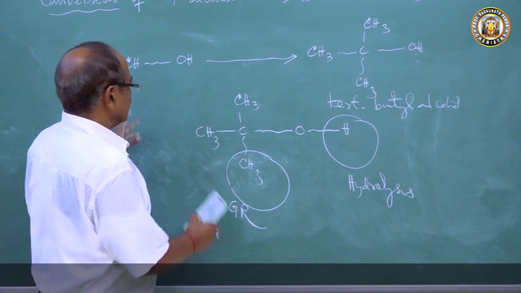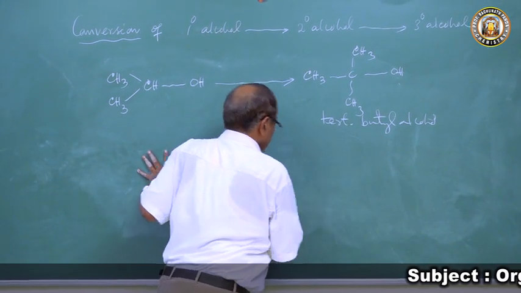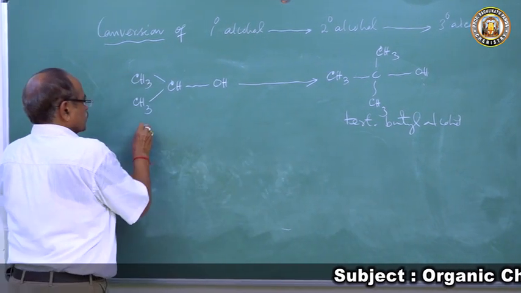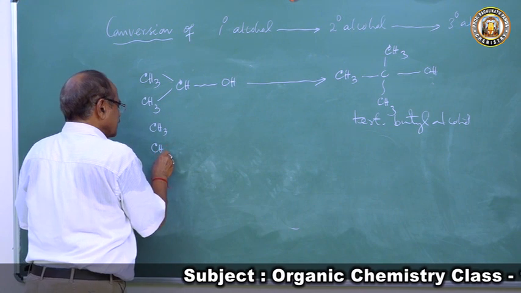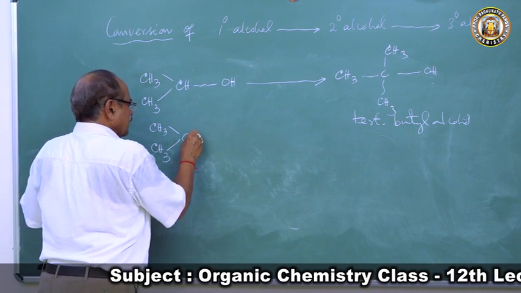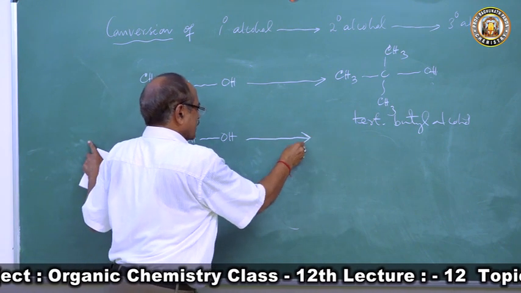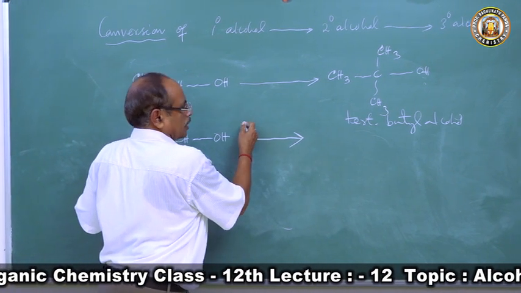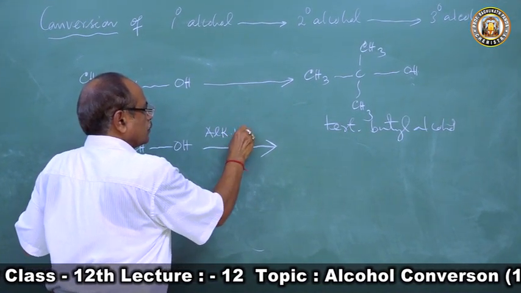So we will take the isopropyl alcohol and we will do this. So now this is isopropyl alcohol, a secondary alcohol, CH3CHOH. We treat this with oxidation, alkaline KMnO4.